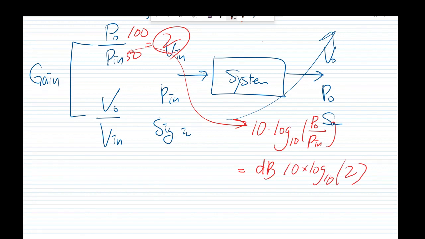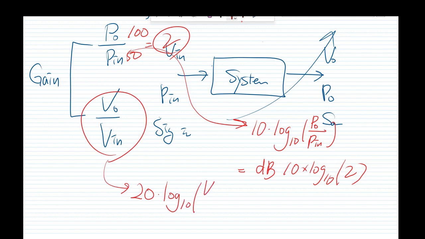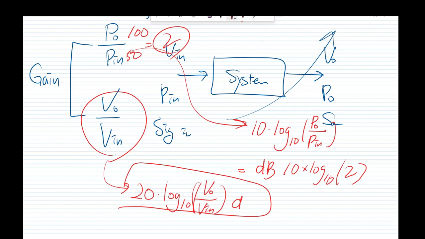How about the voltage? It's different. It is 20 times log base 10 of V out divided by V in. This is also the gain, but in terms of dB for voltage.